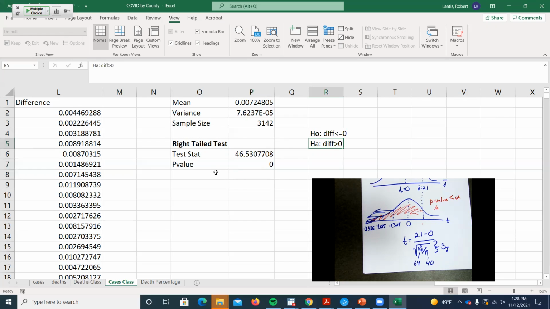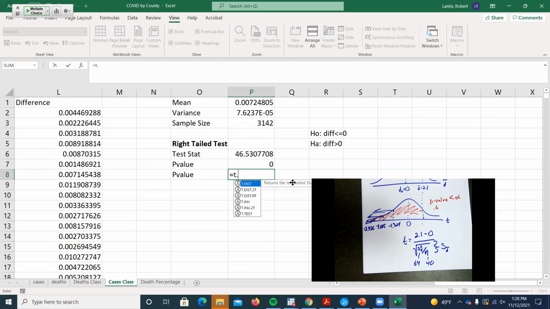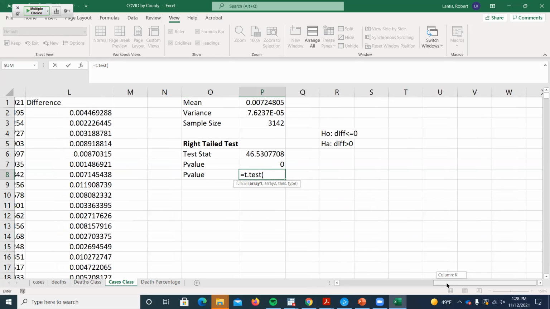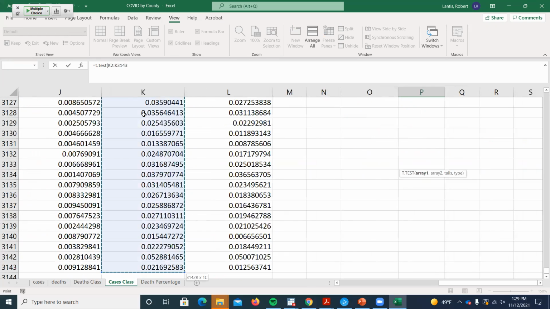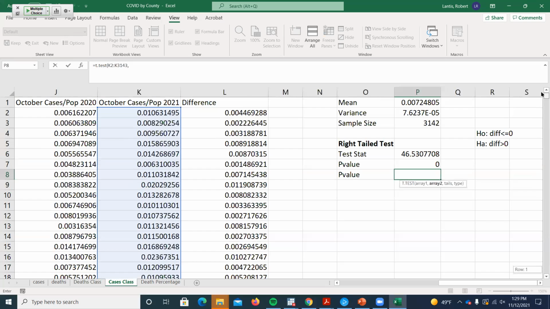What did I want? Oh, so here's another way that you can find that p-value. There's a built-in thing called t-dot test. So what you can do is use this t-dot test. First, select the variable that you want to be your after time period. Here, this is 2021, so I'll select that, comma, this is where I have to scroll all the way back up to show you this.